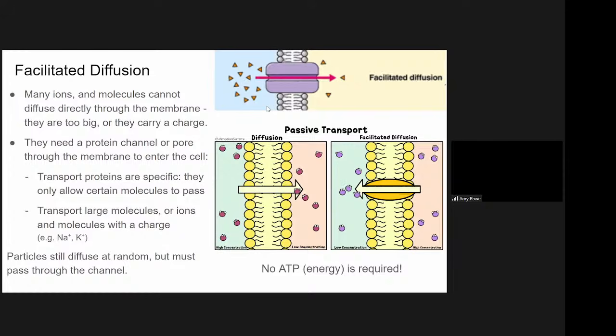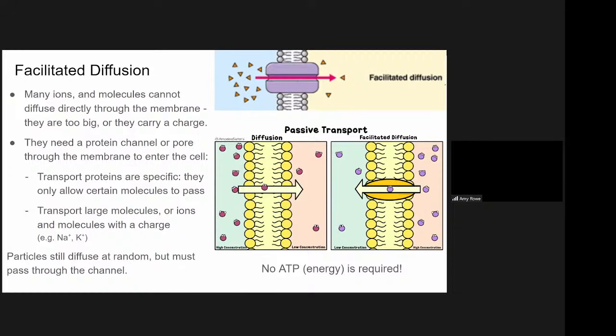They're not able to move directly through the plasma membrane. They're not able to squeeze through between the phospholipids. Instead, they're moving through a pore or a protein channel, which is kind of like a door, which is very selective and allows some molecules to pass through it. And you can see that in this case, we have our purple molecules passing through that protein channel from one side of the membrane to the other.